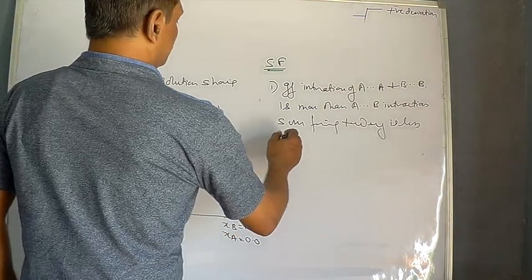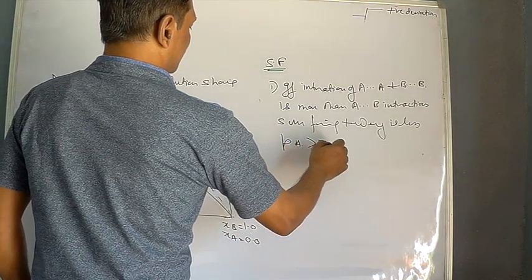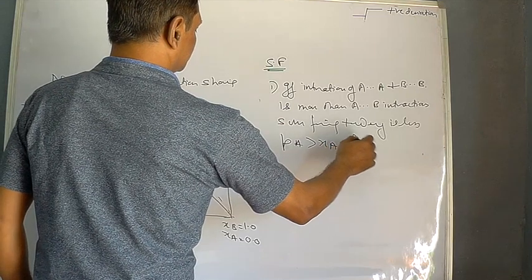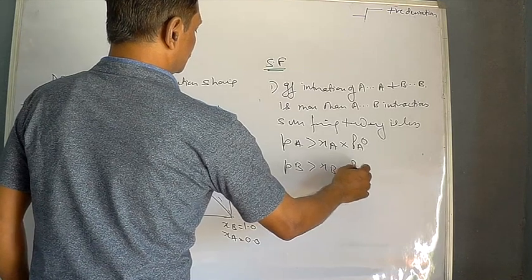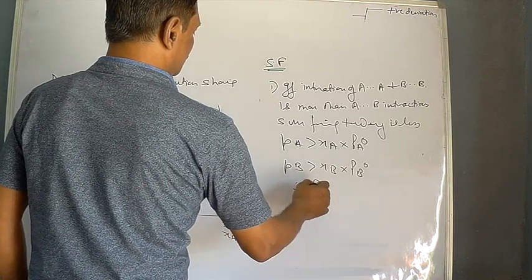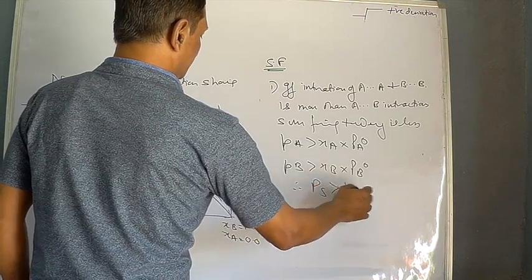Hence, PA will be greater than XA into PA naught. PB will be greater than XB into PB naught. Therefore, PS will always be greater than PA plus PB.